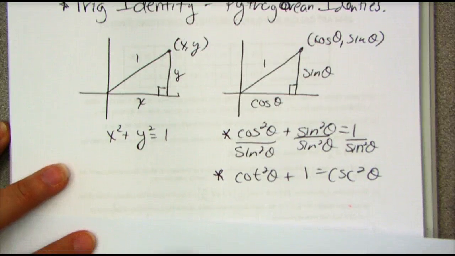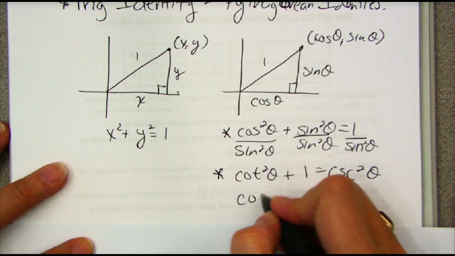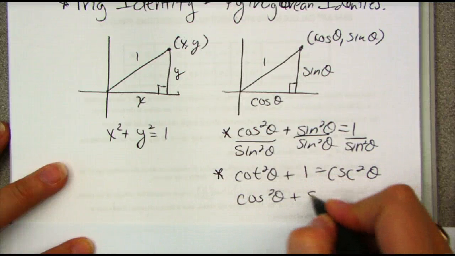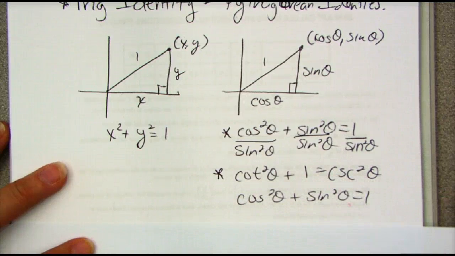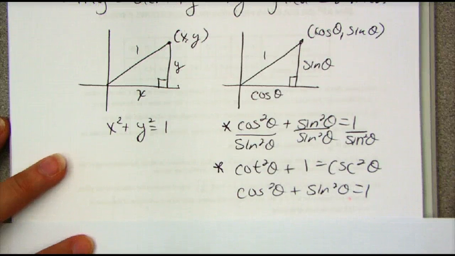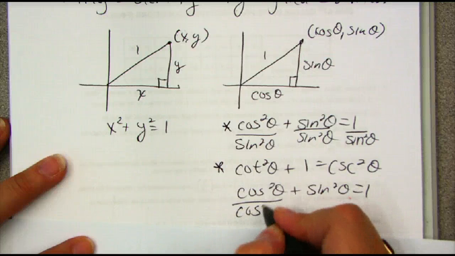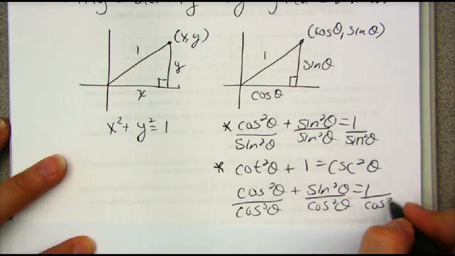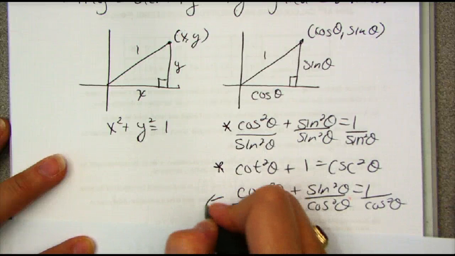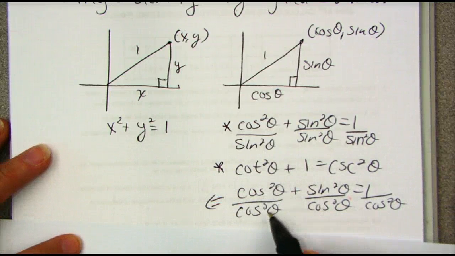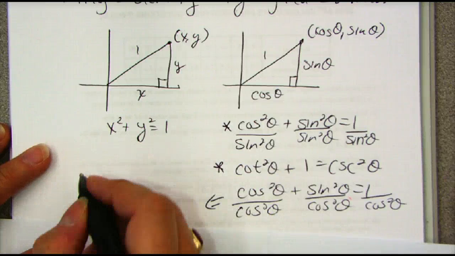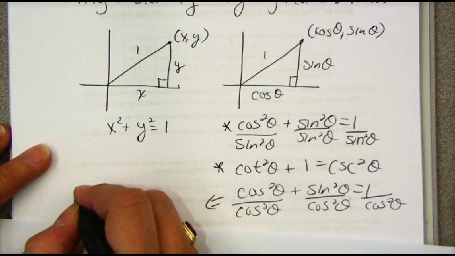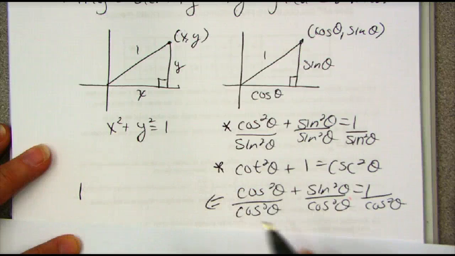Then I have one more. I'm going to go back to my original: cosine squared theta plus sine squared theta equals 1. What do you think I'm going to divide by this time to come up with my third one? That's correct. I'm going to divide this time by cosine squared theta. So what's cosine squared theta divided by cosine squared theta? 1.